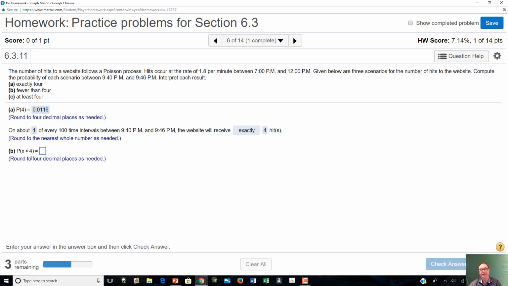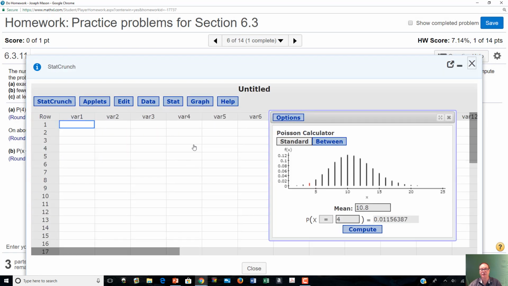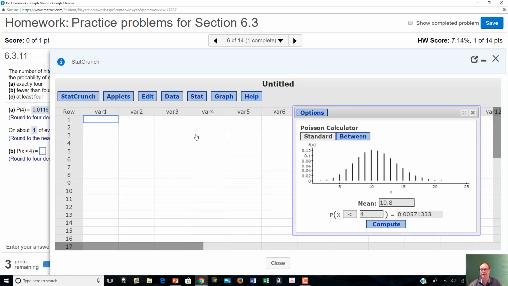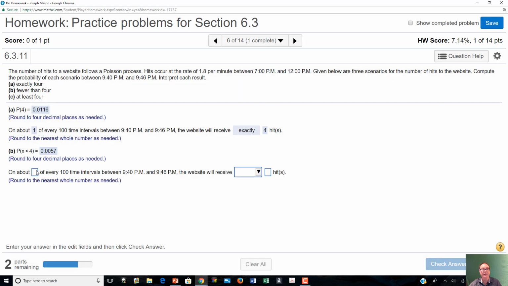Now we go on to less than 4. So I go back in to my StatCrunch, and you notice it opened up, it was there. So I want less than 4. So it's 0.0057. Okay, so let me close this down. Check answer. Okay, now the second part here, you're going to take 100 times this.